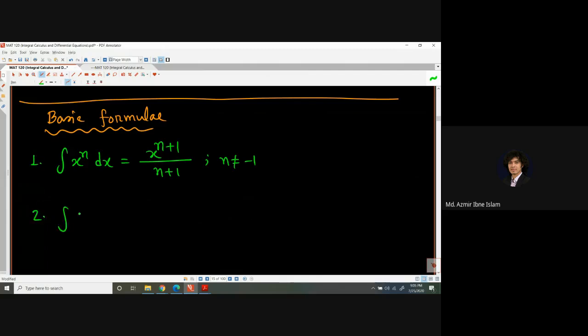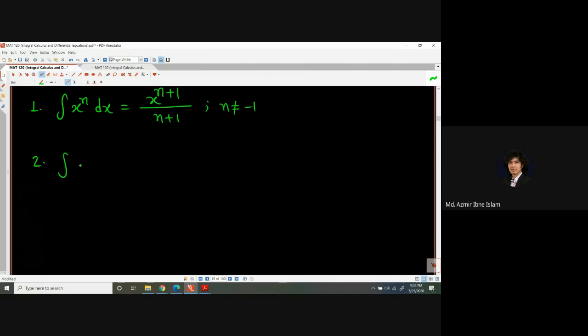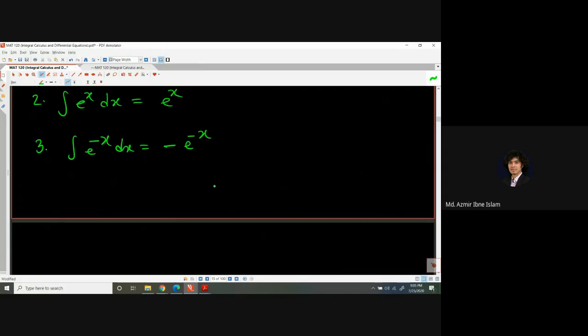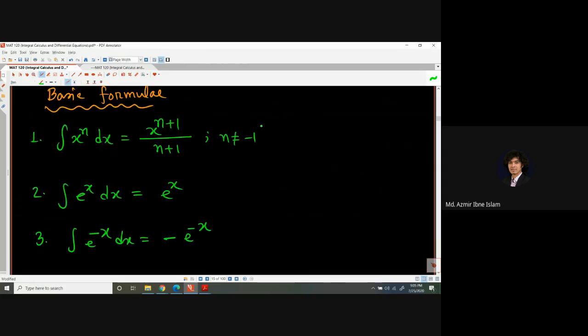Secondly, the integration of e^x is e^x. Again, the integral of e^(-x) dx will be negative e^(-x). These are the common formulas. Or suppose the integration of sine x with respect to x, that will be negative cosine x.